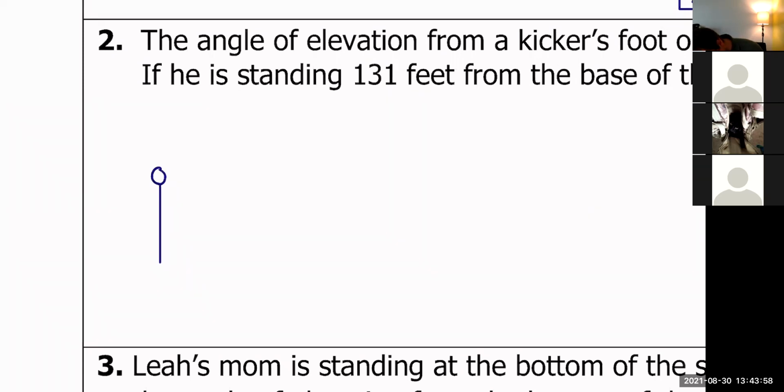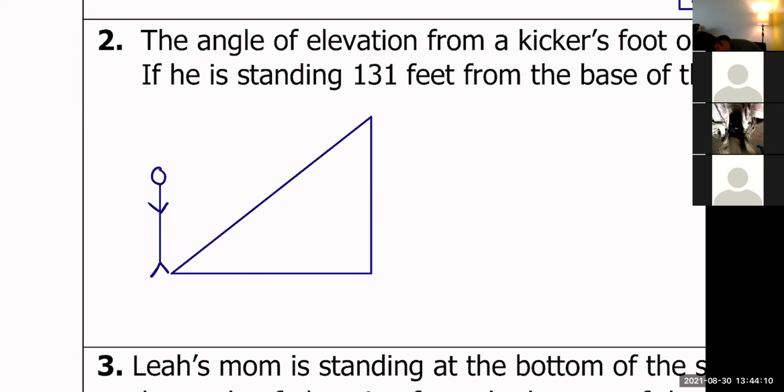It's measuring with respect to his foot to the top of the football goal.